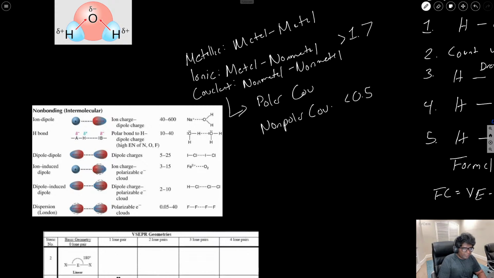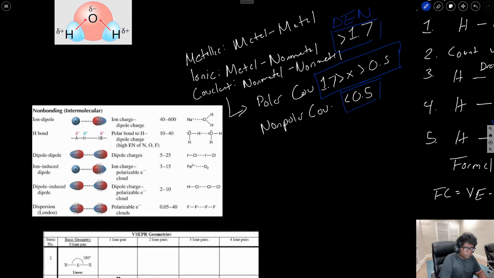It'll be an ionic bond, metal, non-metal. But if it's between those numbers, so let's say X is greater than 0.5 but less than 1.7, that would mean that it will be polar covalent.